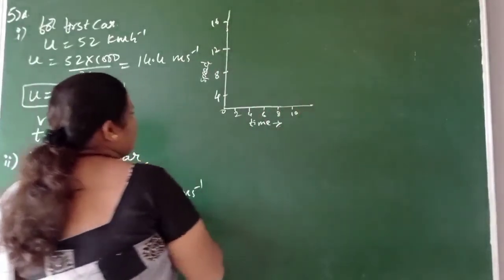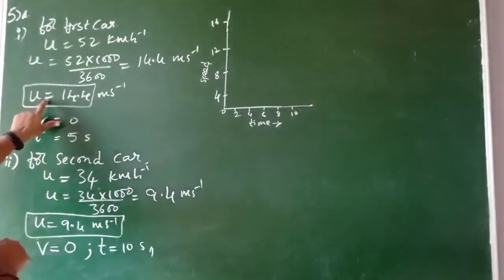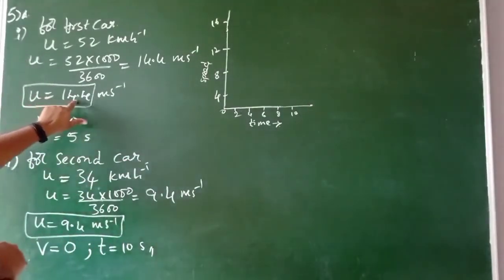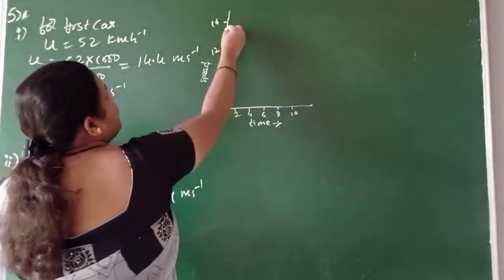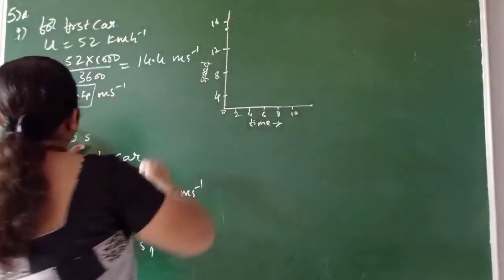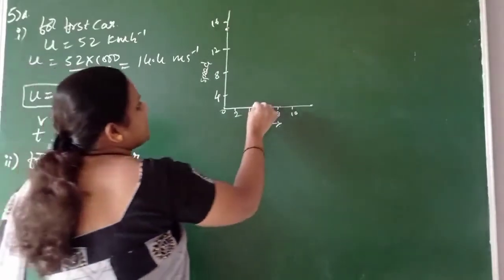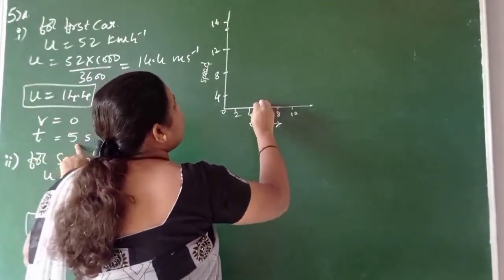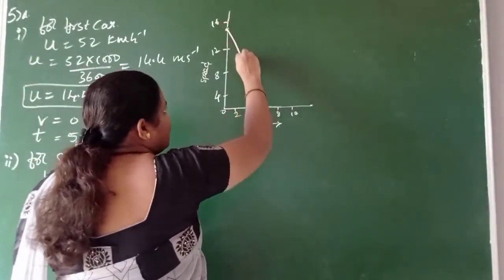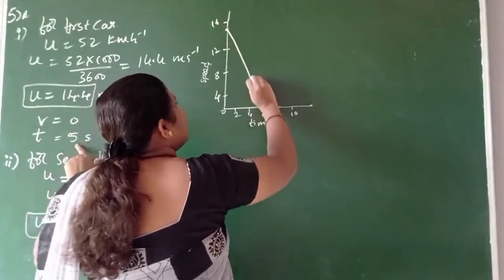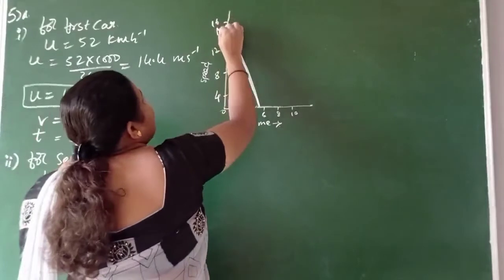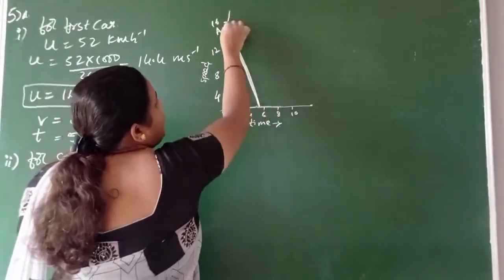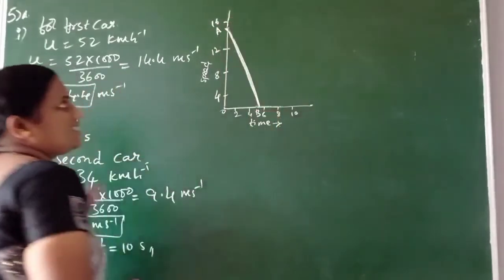Okay. Now for the first one, its speed is 14.4, and its velocity will be 0 in how many seconds? In 5 seconds. Might be you will get here a triangle, children, isn't it? We will name this as OAB.